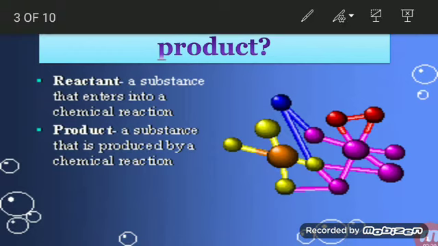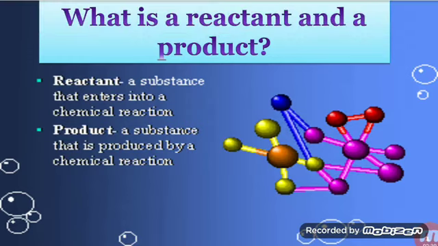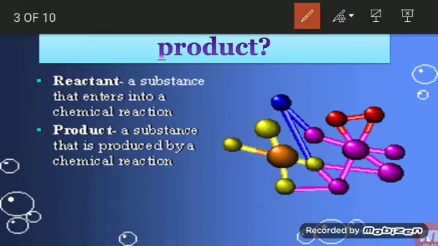So what is a reactant and a product? A substance that enters into a chemical reaction is called a reactant. We have taken an example of hydrogen and oxygen.